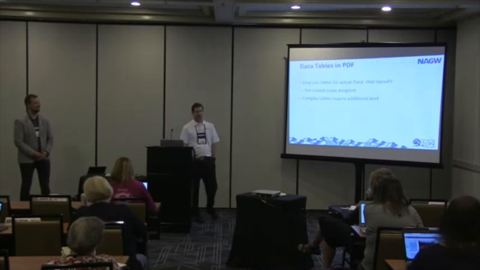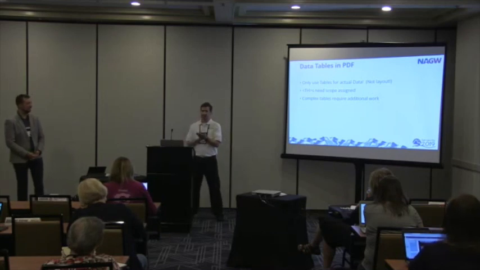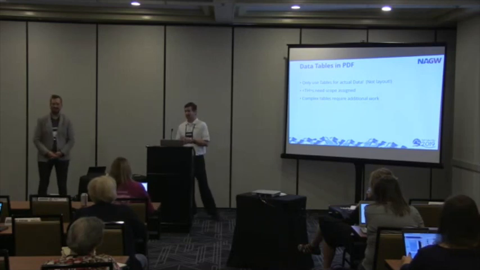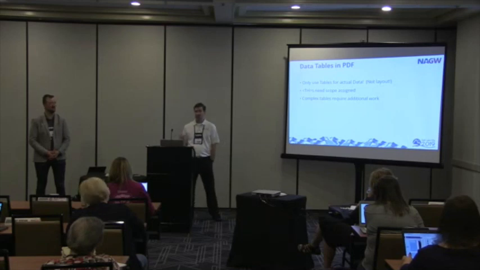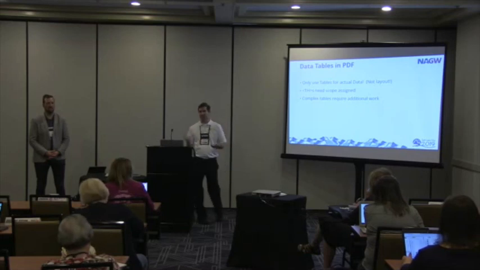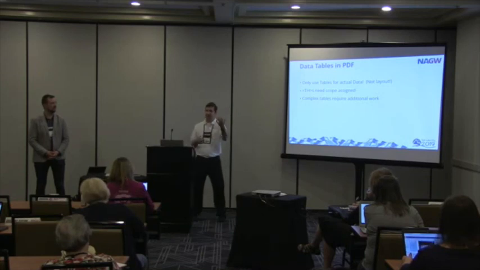But just really quickly, again, stop by the booth if you want to know more about data tables in PDF, but they can get really messy and really nasty, and a lot of times people are just like, oh, we don't use them, or we don't know what to do. But making sure, first of all, that you're not using tables for layout, right? From an authoring perspective, don't use a table in a Word document to make your stuff line up on the page, because a screen reader is going to tell somebody that there's a table there when there's not really a table there, right?